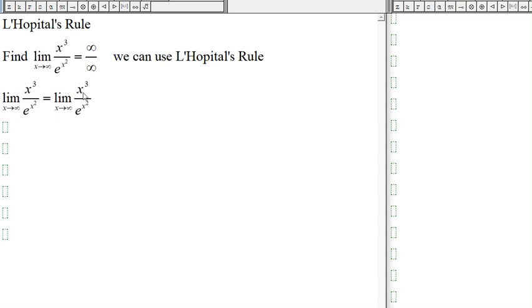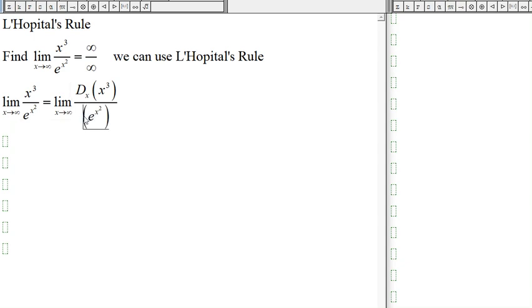So this will be the same as the derivative of the top with respect to x, over the derivative of the bottom with respect to x.